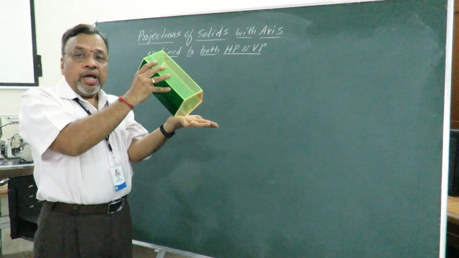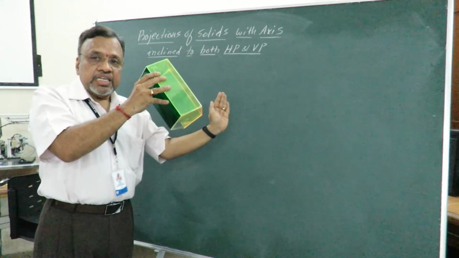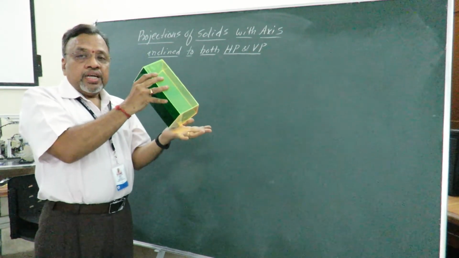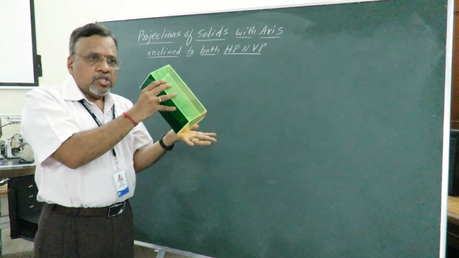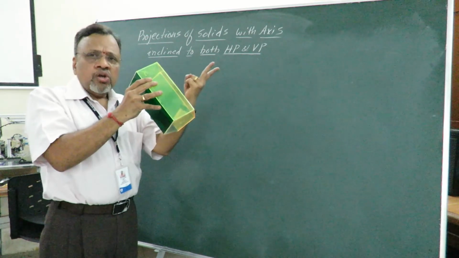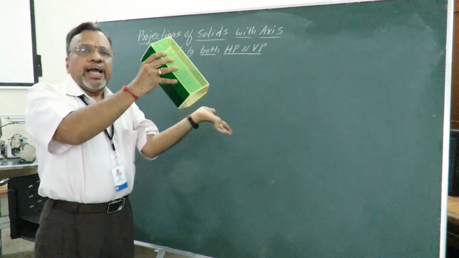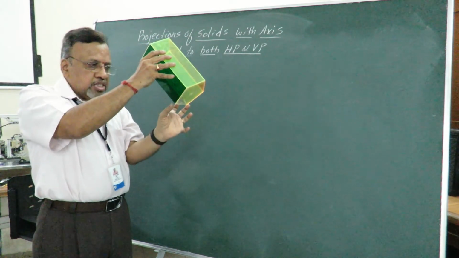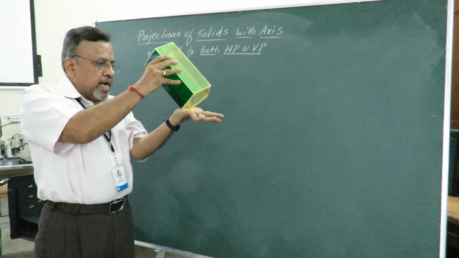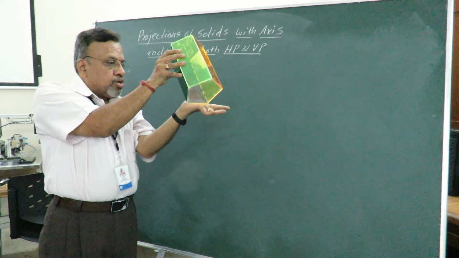Is it okay? Now, if I go to the last stage, the third stage, this particular solid has to be inclined to both HP as well as VP. This can be achieved in two methods. One method is, the side which is resting on HP, this is the side now, is inclined at some 45 degrees to VP.